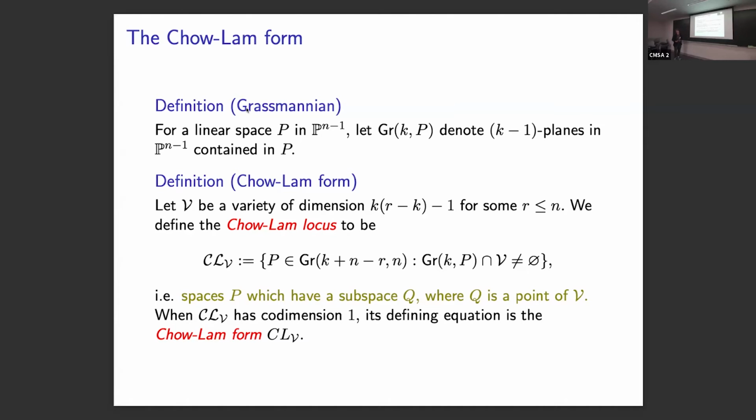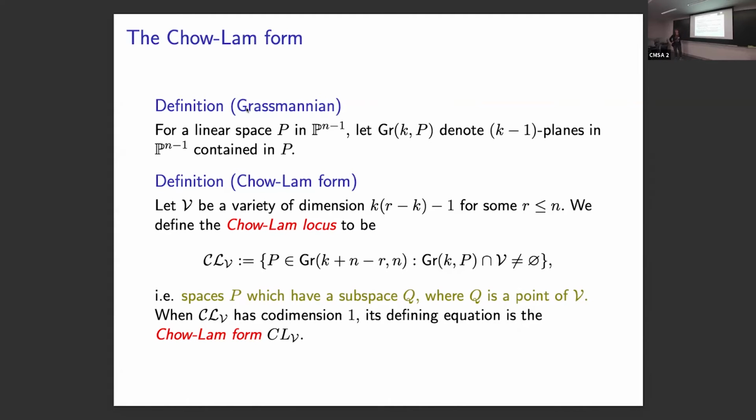And unlike the Chow locus, the Chow-Lam locus will not always have codimension 1, but it usually has codimension 1. It's the coefficient of a certain cohomology class: if the coefficient in the cohomology expansion of B is non-zero, then it's codimension 1. So it's usually codimension 1, and when it is, it's defining an equation.